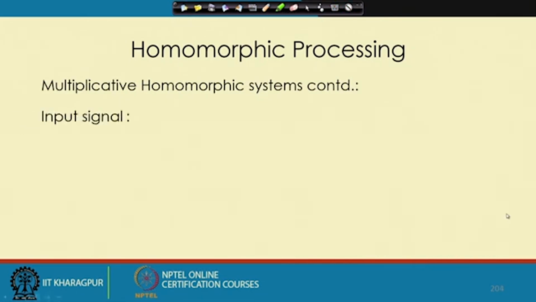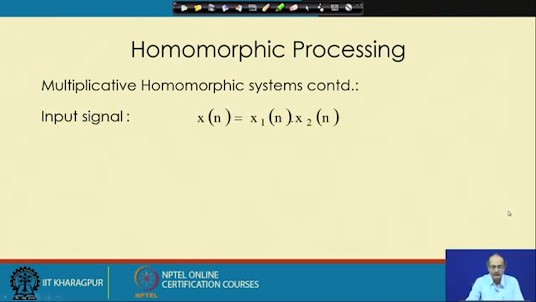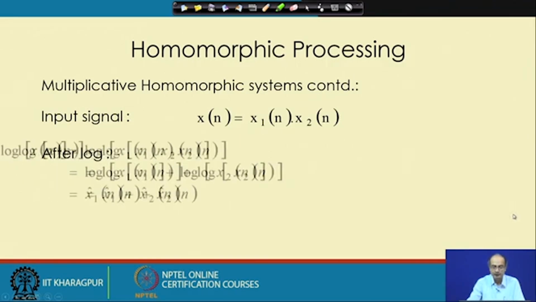Now, let us look at the two components of the observed signal x, which are x 1 and x 2. If we take the logarithm, what happens for them?